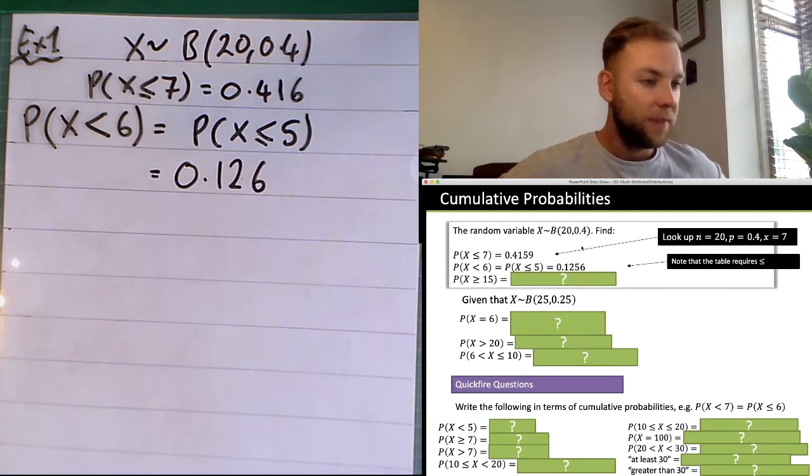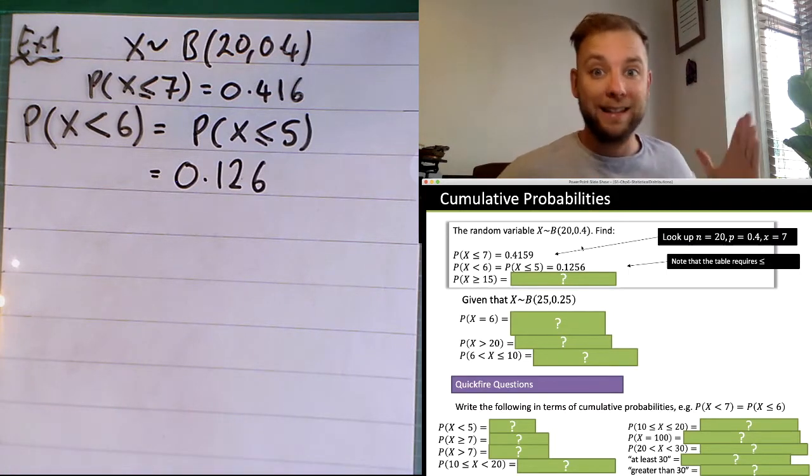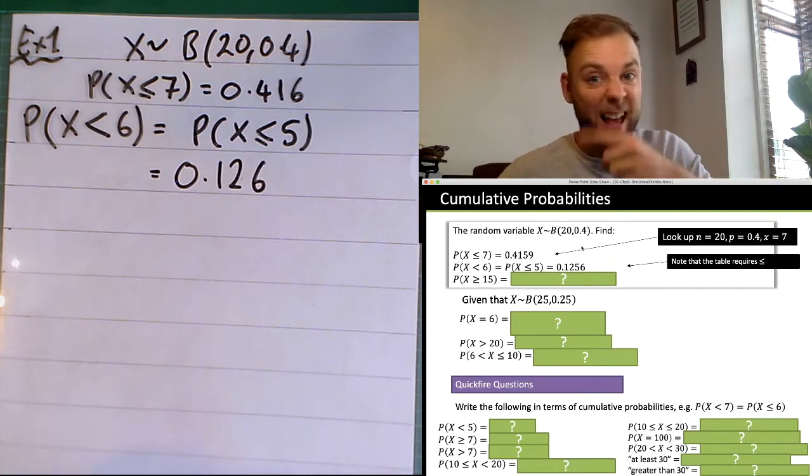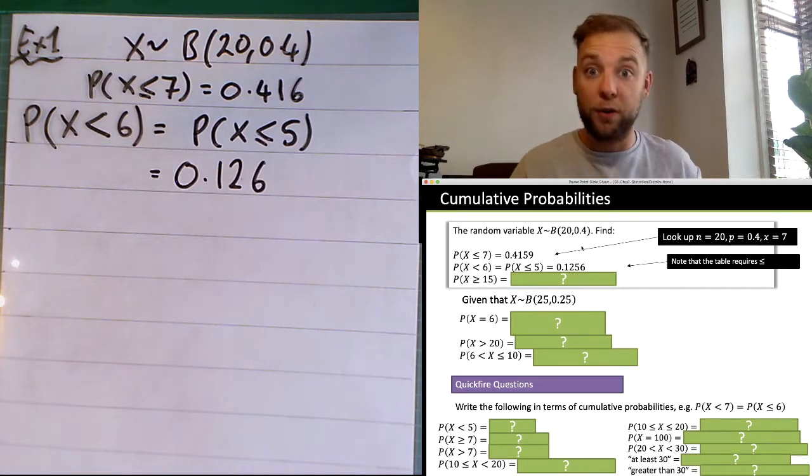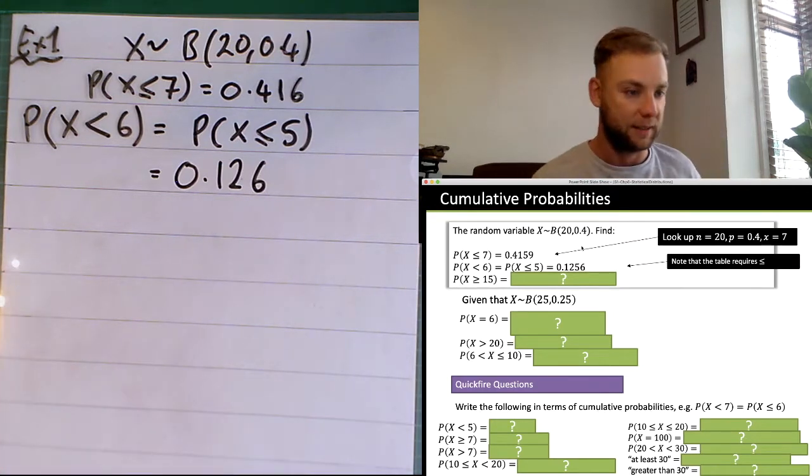Now, the next one wants it to be greater than 15. Now, I did touch on this at the end of the last video, but I'm just going to go through it again because this bit's really, really important, especially when we're doing things like hypothesis testing.